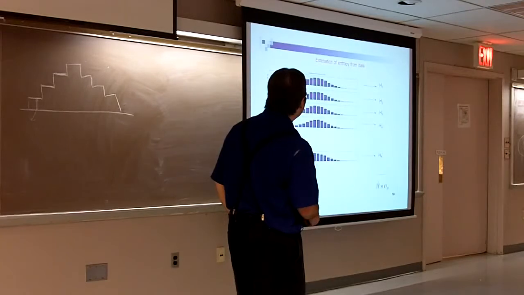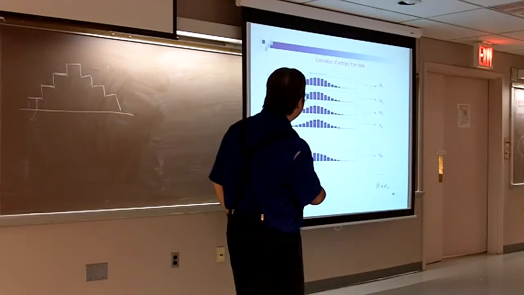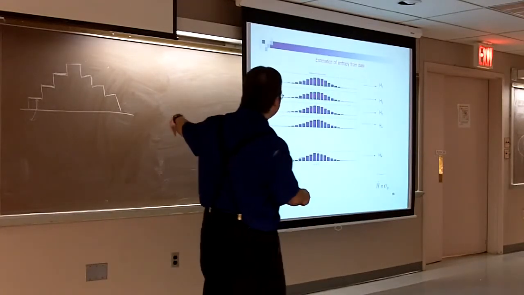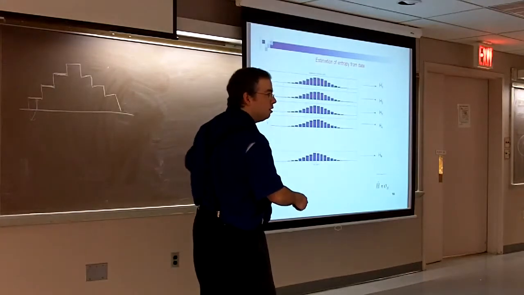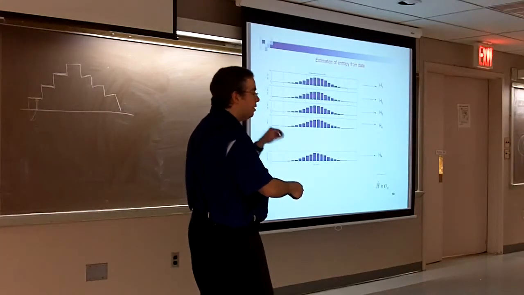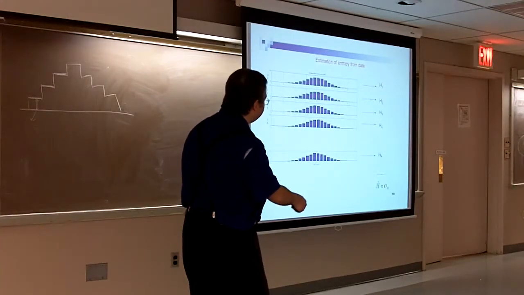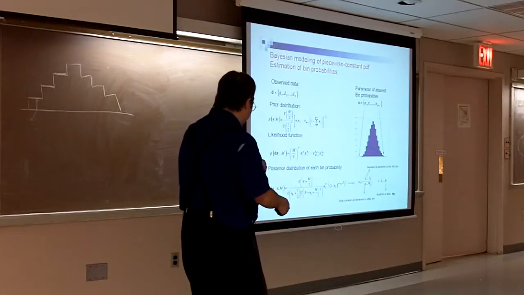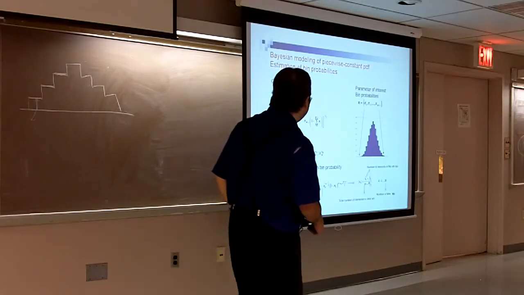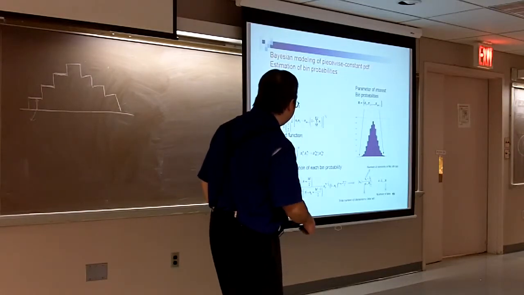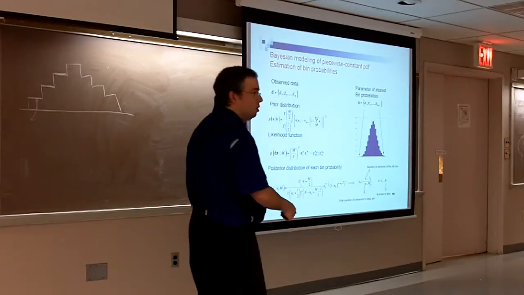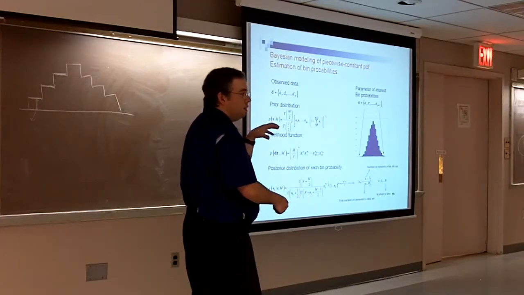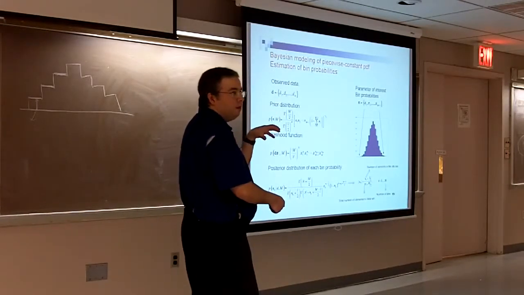These are, for example, results of samples that I got by sampling from the histogram n times, and I got the mean and the standard deviation. So at the end, this is the posterior. Since I can sample, I have a posterior PDF equation which I can sample from.